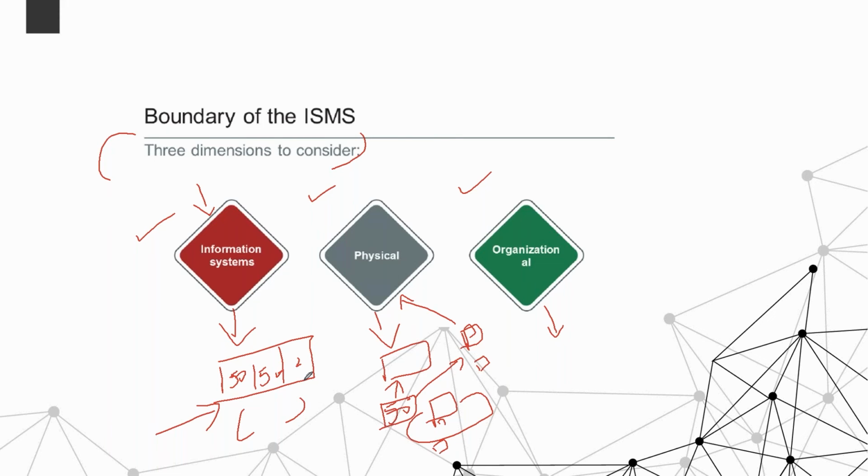Now to define the organization boundaries, we go with four processes: first a key process, then the department, then the whole organization, and the organization and the stakeholders. Generally we go with an organization unit. That means your department, service, project, and subsidiaries, all those things which will be covered under your first point.